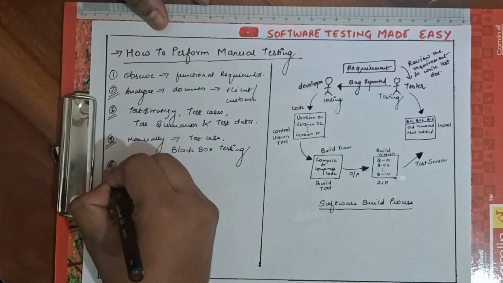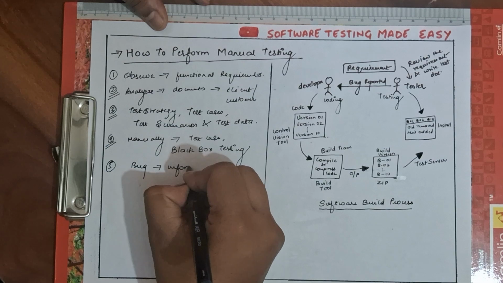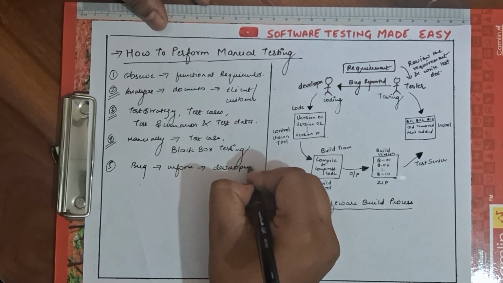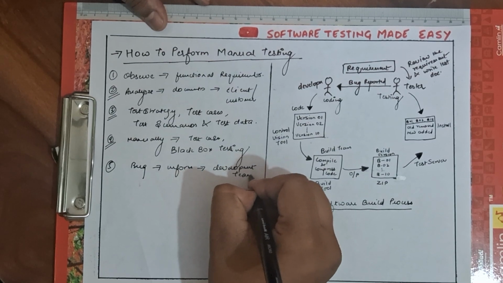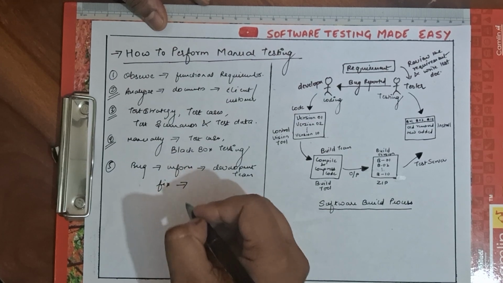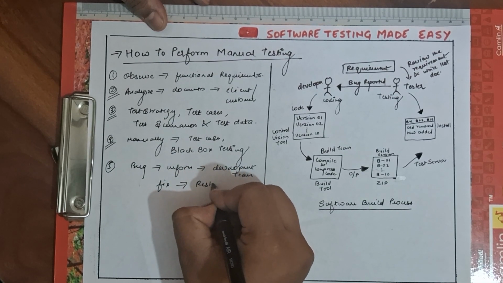If they find any bug, they inform the development team, and the development team fixes the bug and hands the software back to the testing team for retest.